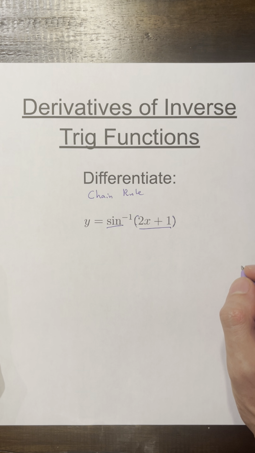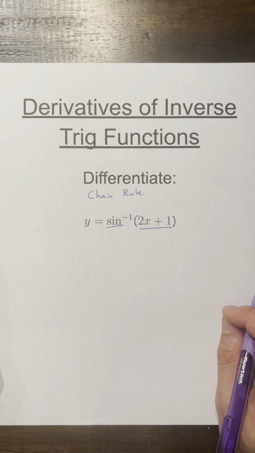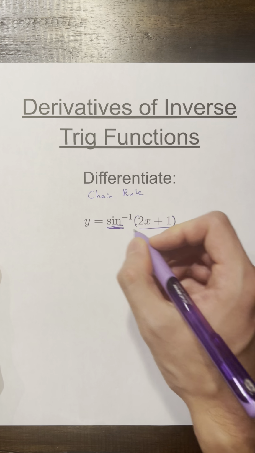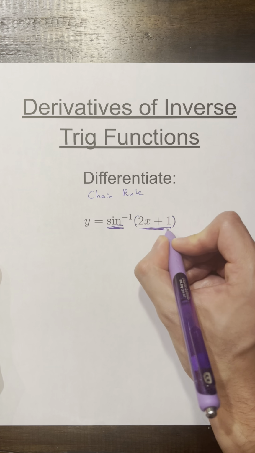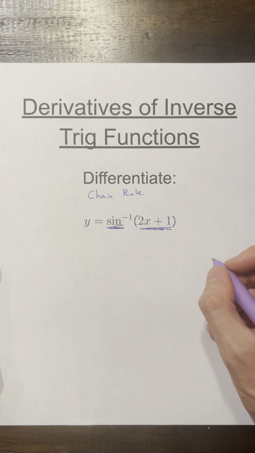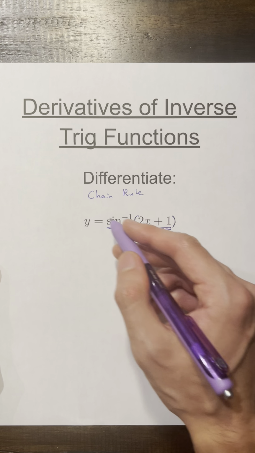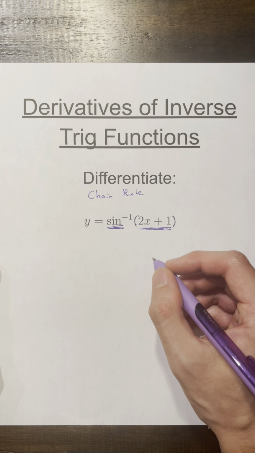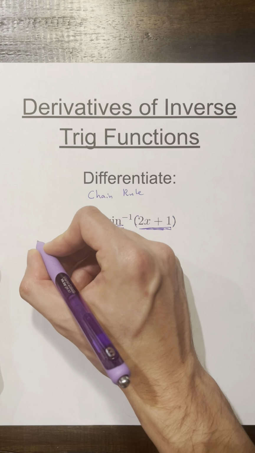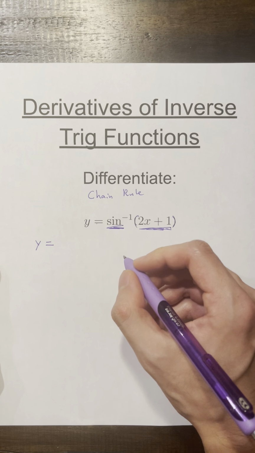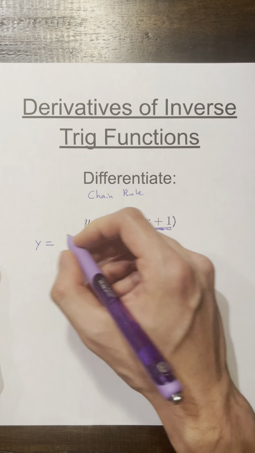Okay. And how do we use chain rule? We're going to call the outside function f and the inside function g. So let's go ahead and do that. What does this equation become? So we've got y equals, outside function is f.